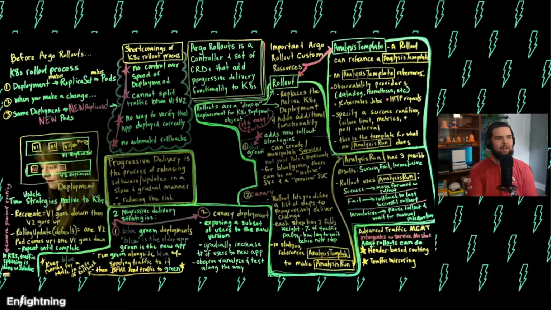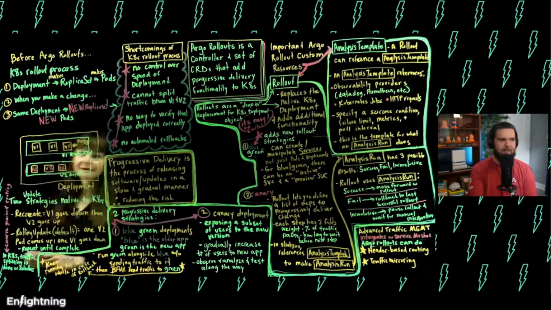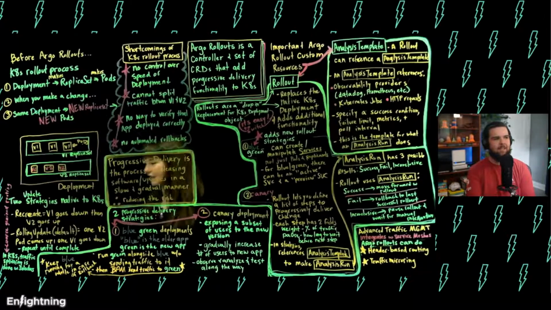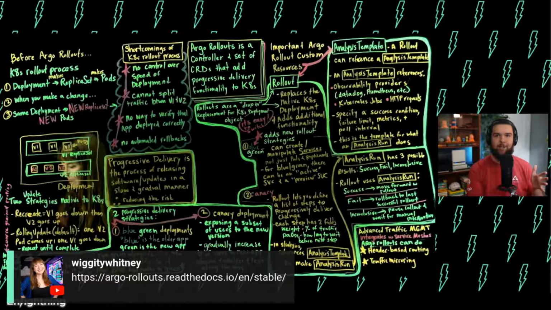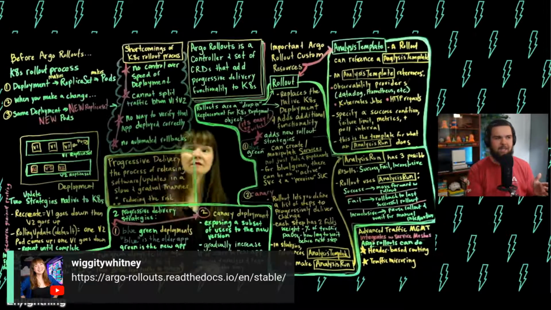I am honestly pretty impressed with the documentation for Argo Rollouts, and that's not self-serving. I haven't contributed much to them, but it's surprisingly in depth with the number of examples and the clarity it provides on how it works, both at a technical and conceptual level. Honestly, the docs are a great introduction to progressive delivery in the first place.